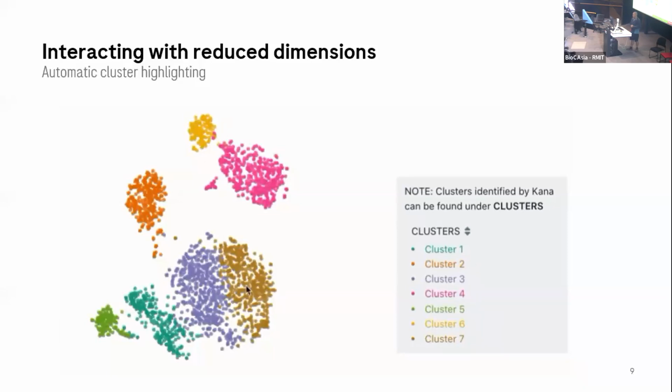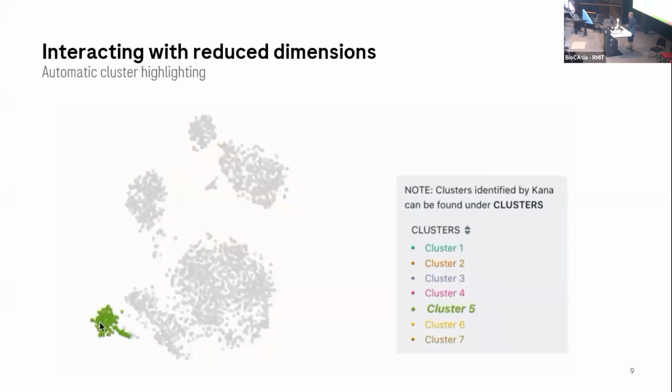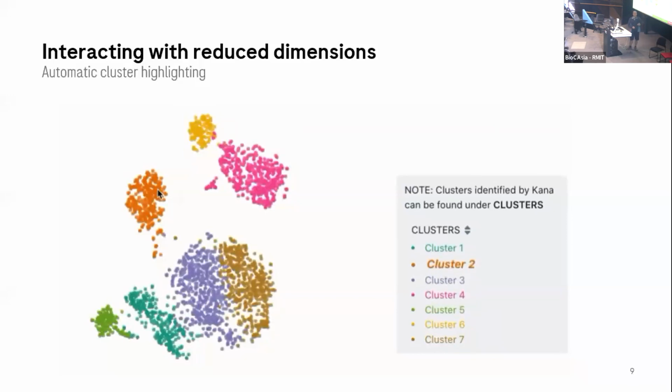So to make life a little bit easier, whenever you mouse over a particular part of the plot, the corresponding label on the legend will also be highlighted. So it's a bit easier to figure out where you are and which cluster you're looking at. And just in case you're not sure, you can double click on a particular cluster and it'll gray out everything else just like that. It's just a quality of life thing that we added to make it easier to look through very complex plots.